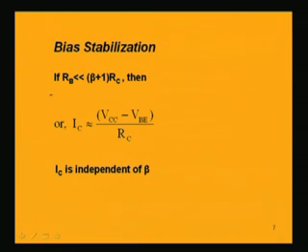Finally, if this condition is met, that is RB is very much less than (beta plus 1) RC, then we can get that IC is approximately, of course the exact expression is not so, but after satisfying this design criterion we can write approximately IC equal to VCC minus VBE by RC, and here it is independent of beta.